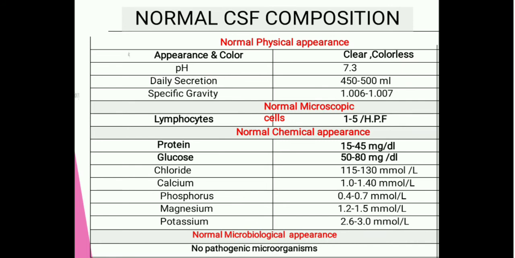Normal chemical composition: protein 15 to 45 mg per dl, glucose 50 to 80 mg per dl, chloride 115 to 130 millimolar per liter, calcium 1.0 to 1.40 millimolar per liter, phosphorus 0.4 to 0.7 millimolar per liter, magnesium 1.2 to 1.5 millimolar per liter, potassium 2.6 to 3.0 millimolar per liter. Normal microbiological appearance: no pathogenic microorganisms.